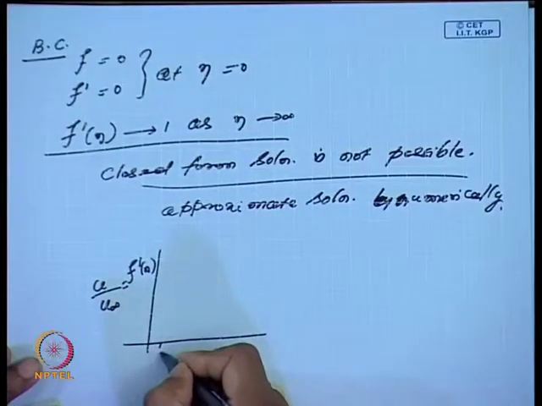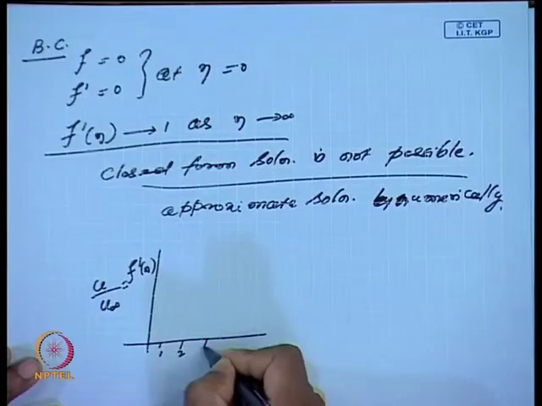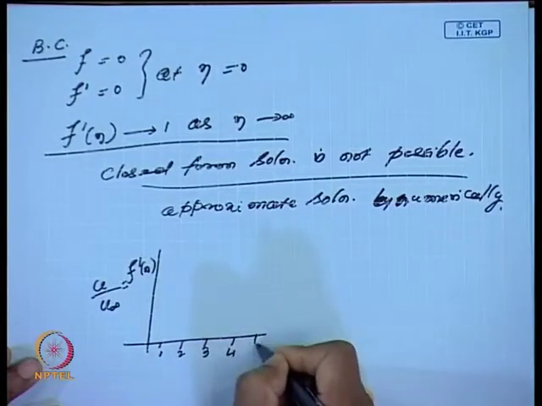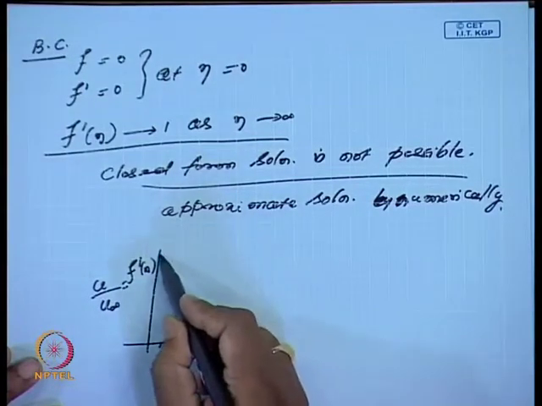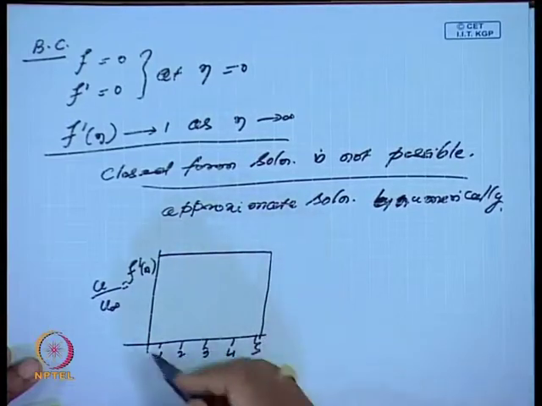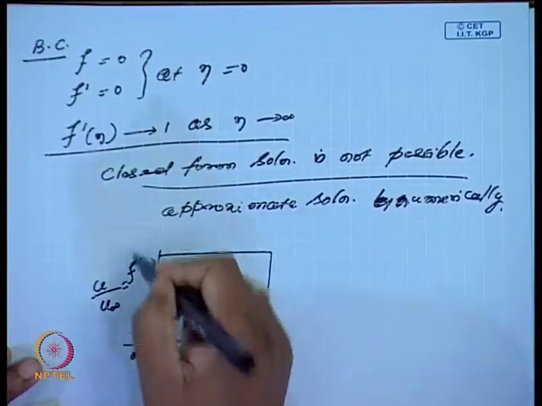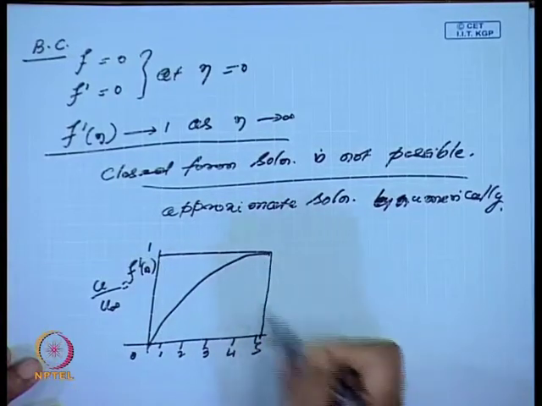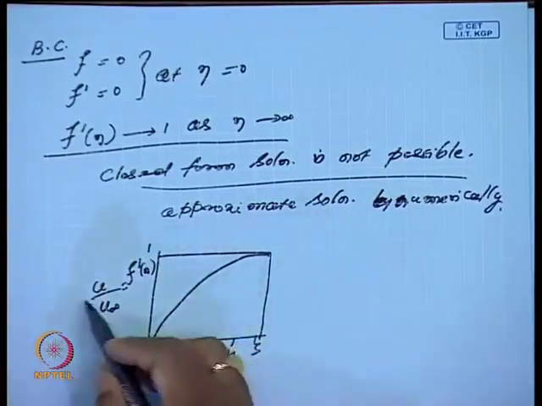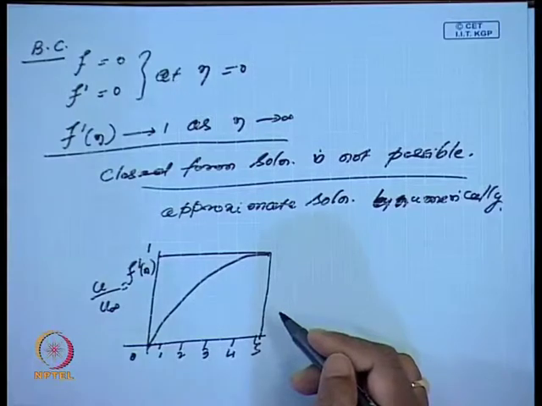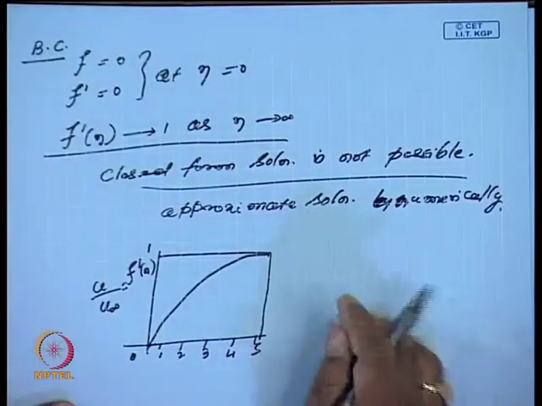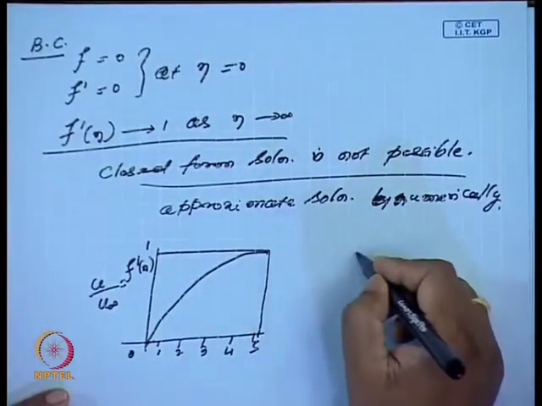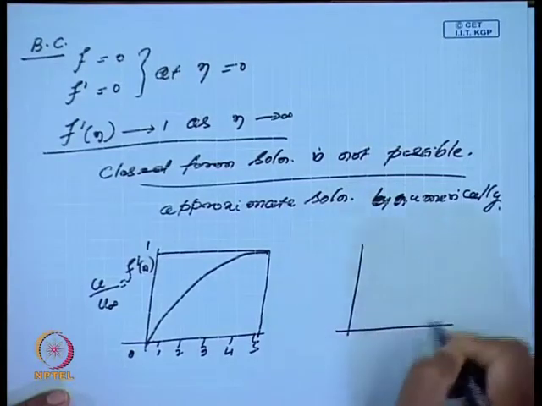If the axis marks are 0, 1, 2, 3, 4, 5, and this point is 0 and this is 1, then u by u infinity will behave like this. This is the longitudinal flow direction.